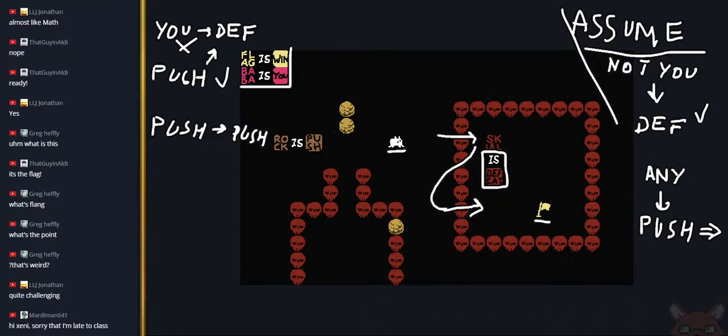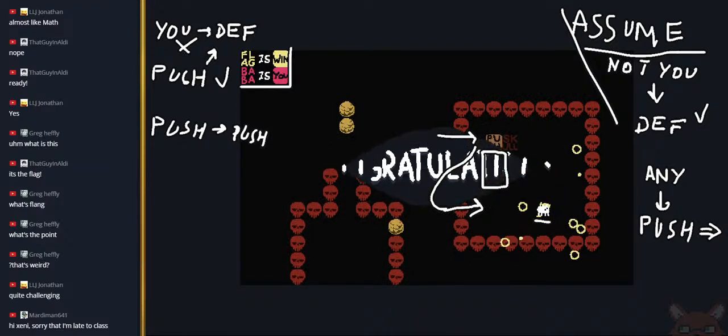We have already established that an object that is pushed can safely go through an object that is defeat. So we can use that. Next is also an object that can be pushed, so push that and we can safely disrupt this text and WIN.